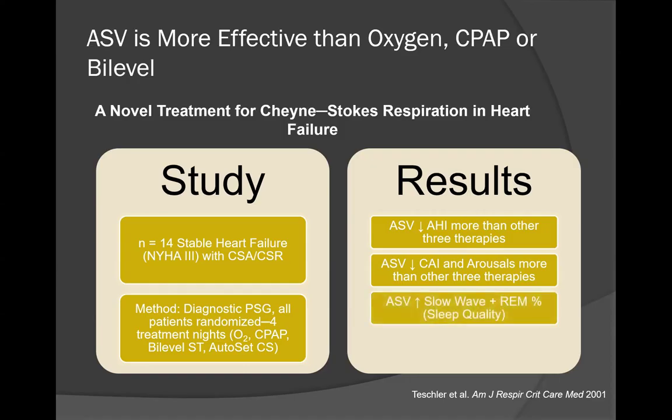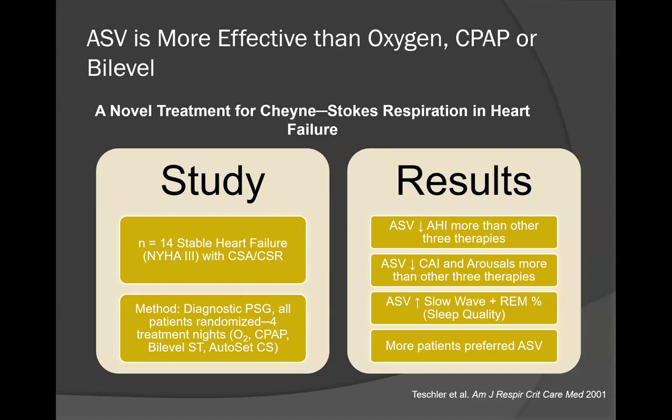And then ASV increased slow wave and REM sleep. So meaning to say higher quality, right? We talked about sleep architecture, sleep efficiency, etc. And then more patients, of course. I like it.